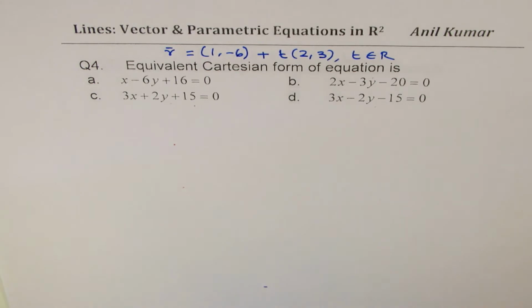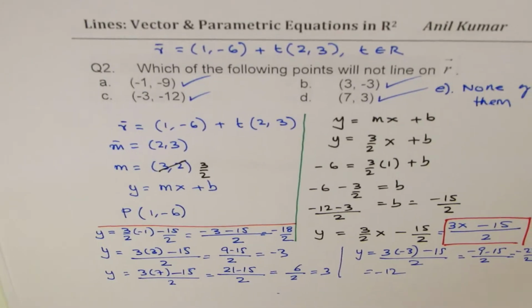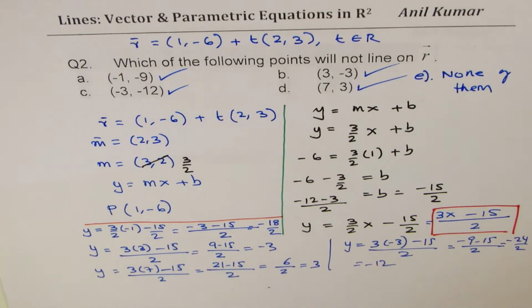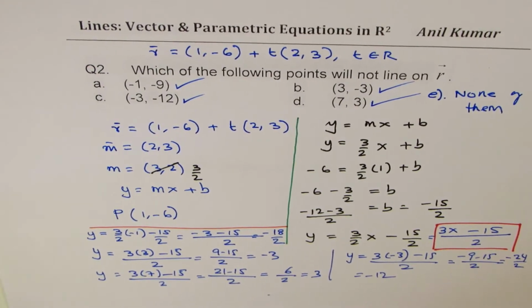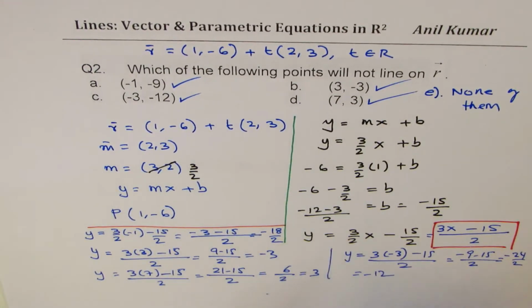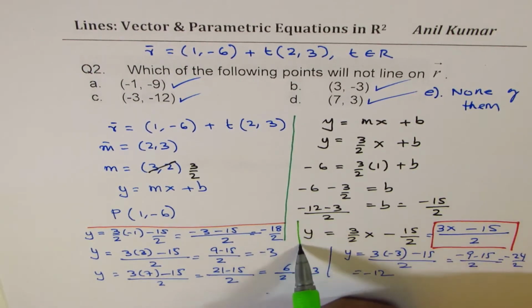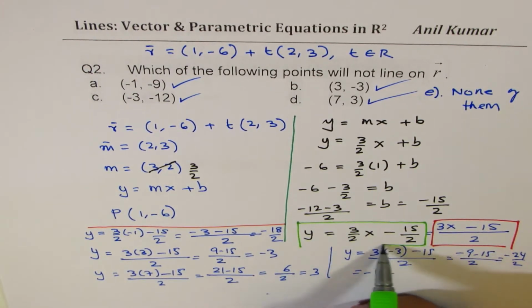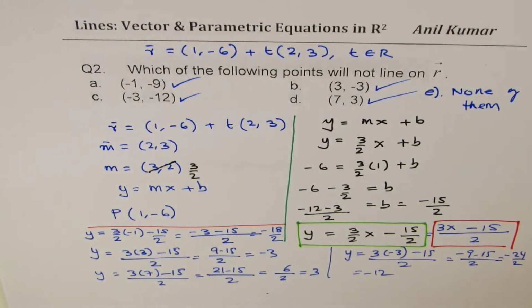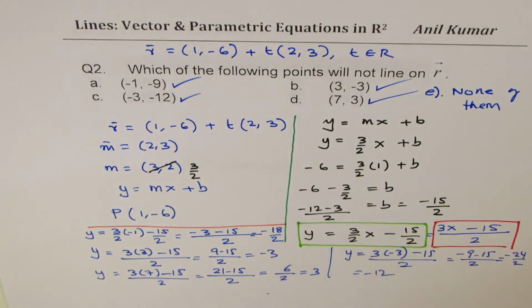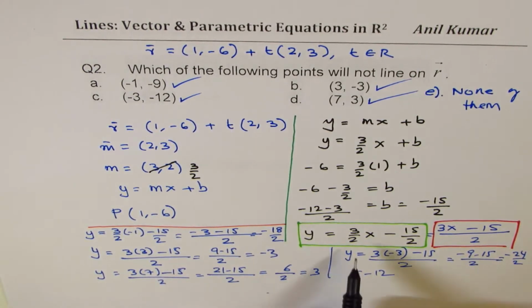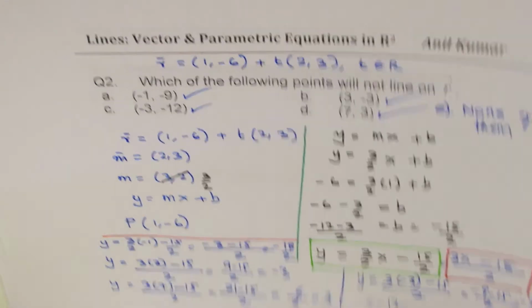One of them is, in question number 2, we applied the slope and intercept concept and found the equation of the line as y equals 3 over 2 x minus 15 over 2. So we could continue from here and write down the standard form by multiplying everything by 2 and bringing the terms together. So let's do that.